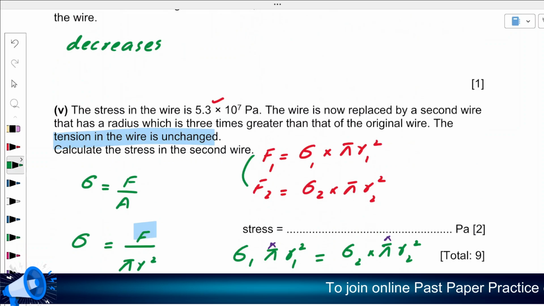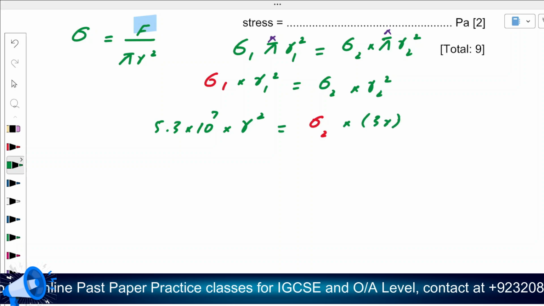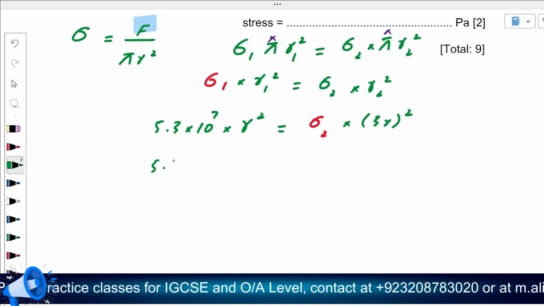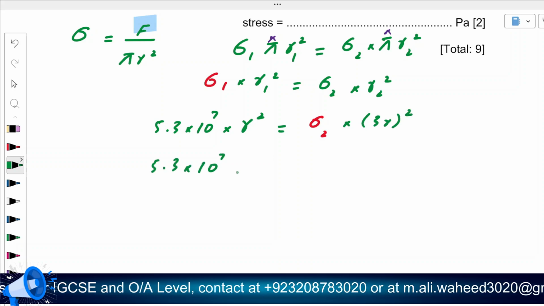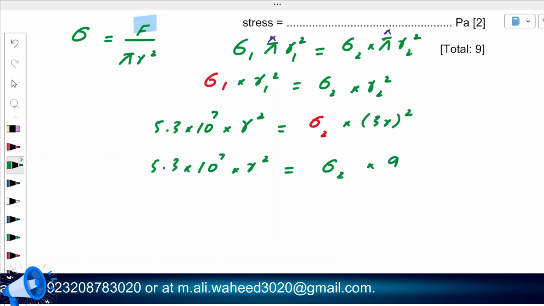The new radius is 3 times greater. So 3r square of it. So 5.3 into 10 to the power 7 times r square equals sigma 2 times 9 r square.